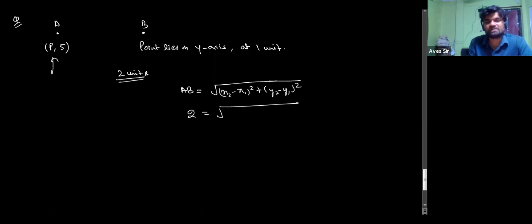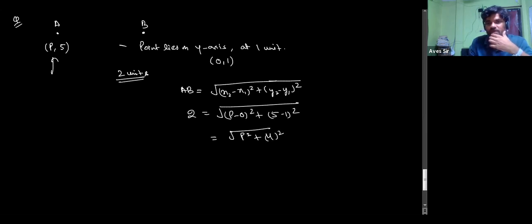You can consider any one as x1. If this point lies on the y-axis at 1 unit, its x-coordinate is 0. So we can write (0, 1). So you can write (p minus 0) whole square plus (5 minus 1) whole square. So we can write p square plus 4 square, and that is 2 here for AB.